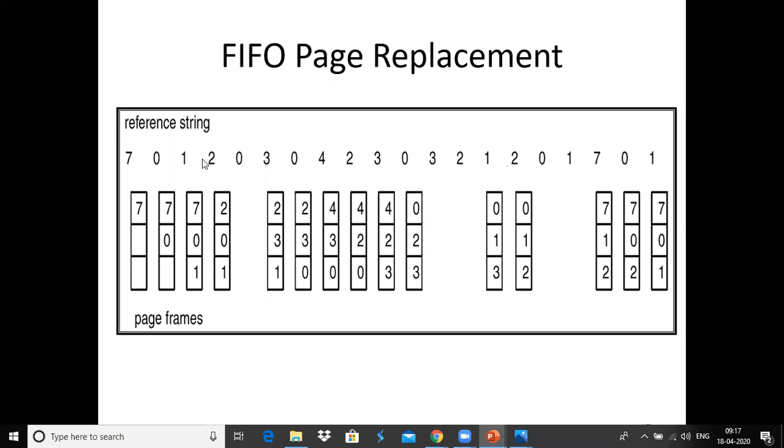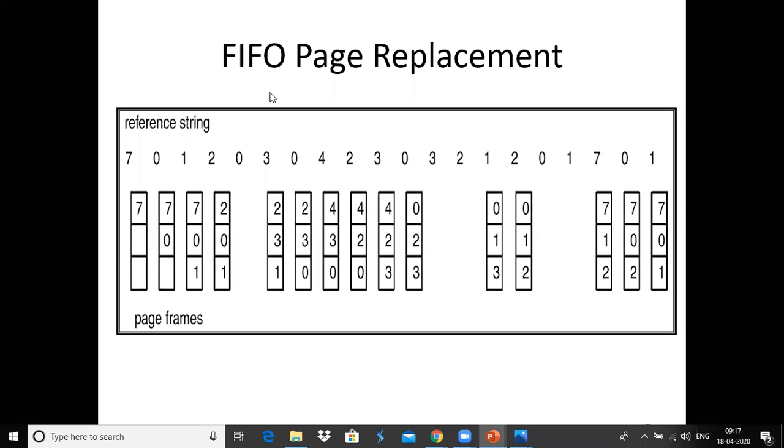Again, a request for memory reference 2 occurs, but all frames are completely filled in. So we apply the page replacement algorithm when all frames are filled in the physical memory. We are applying the FIFO page replacement algorithm, meaning first in first out.